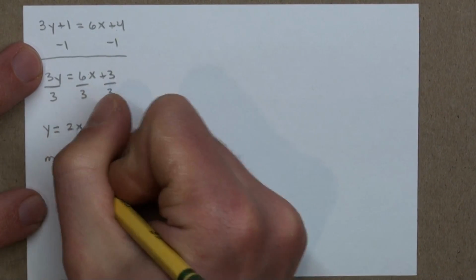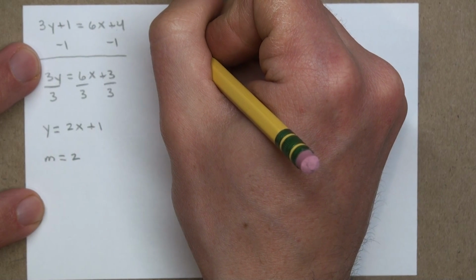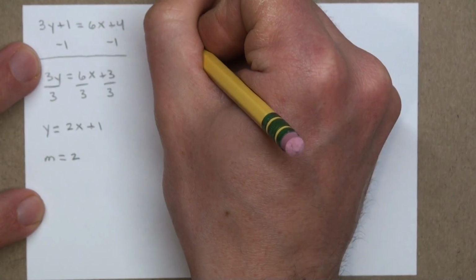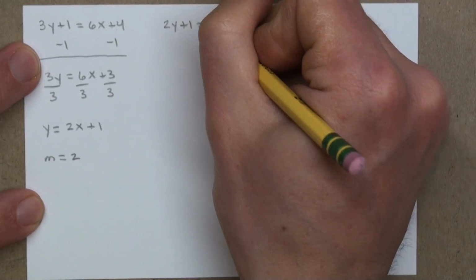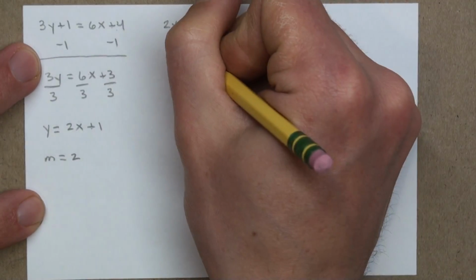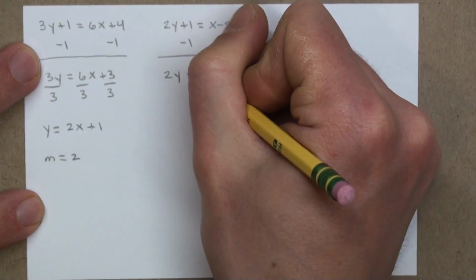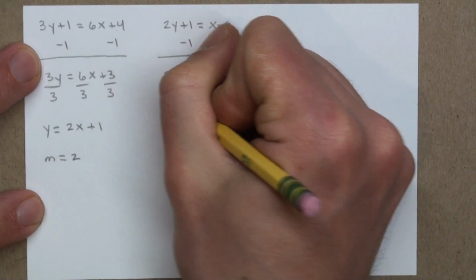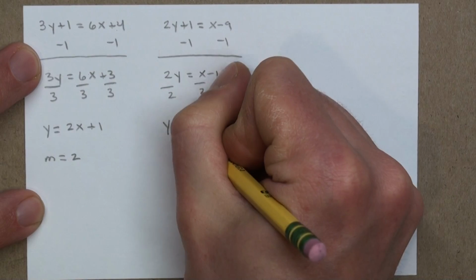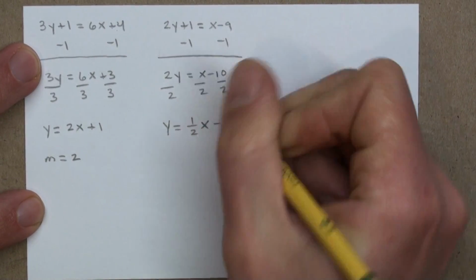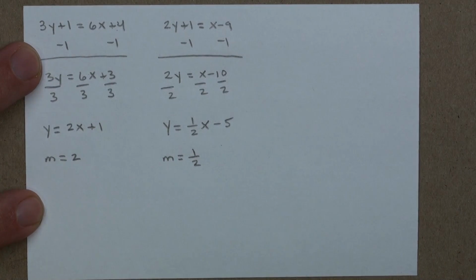So my slope is 2. For the other line, it's 2y plus 1 equals x minus 9. Subtract 1. 2y equals x minus 10. Divide by 2. Y equals 1/2 x minus 5. So my m is 1/2.